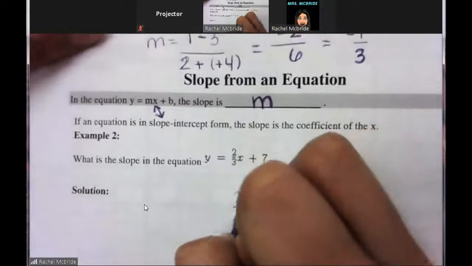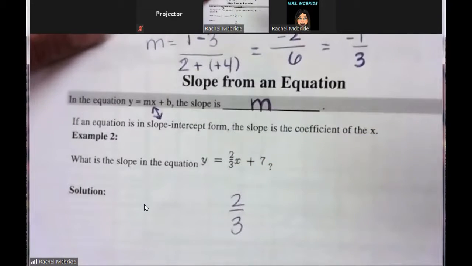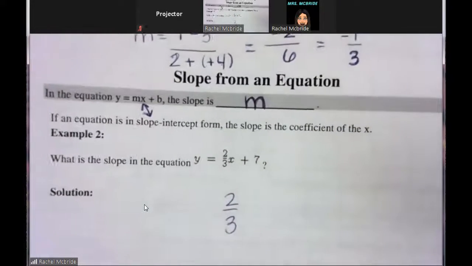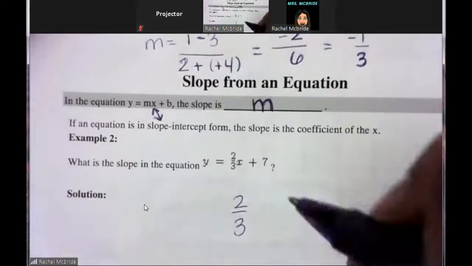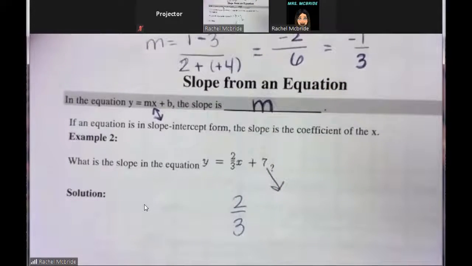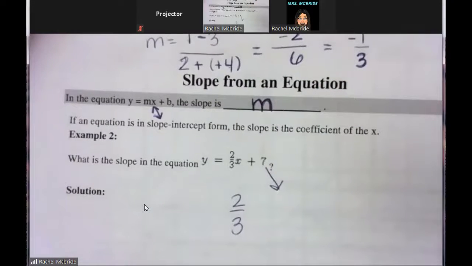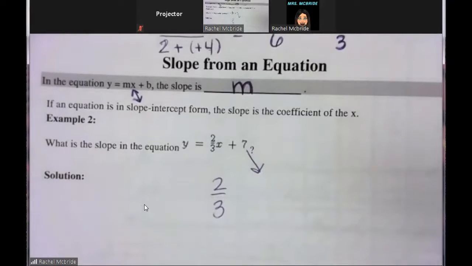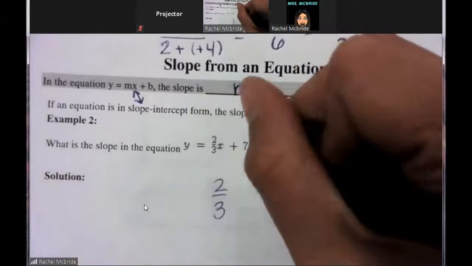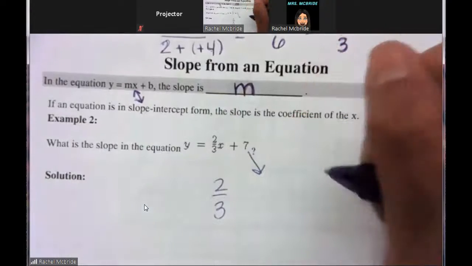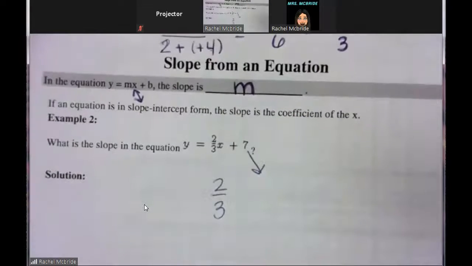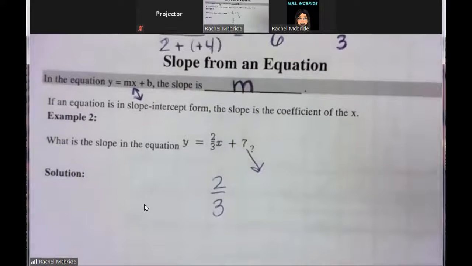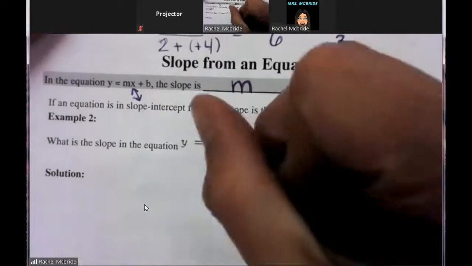Excellent. And what's that 7 represent? Anybody remember what that's called? Okay, Abby, what's that 7 called? Yeah, that's my b value. And b has a special name because it crosses the graph at a special point. Zoe? Excellent.